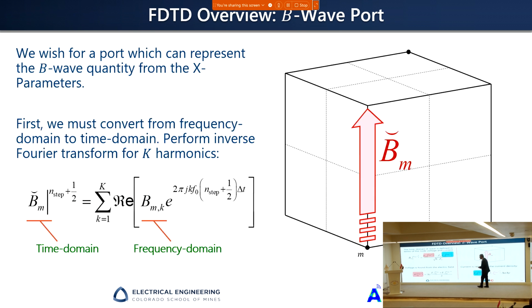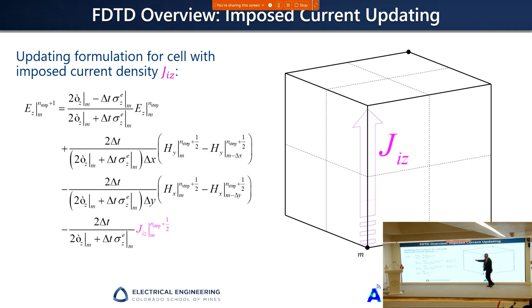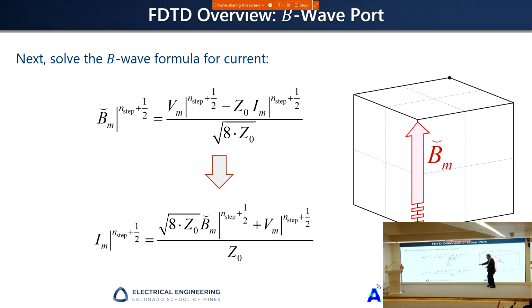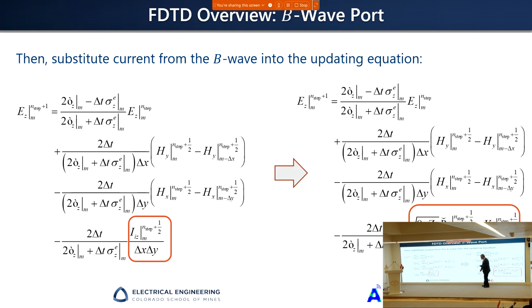Why am I doing this? Because I know that this is an updating equation that's already been established and is already known for any kind of source that's going to be along this edge. So I need to get the equivalent current that corresponds to that B wave to be represented here. And that's why we ended up with the current in terms of the B wave. V can be represented in an electric field. First, the current is divided by the cross-section area to give us the current density.